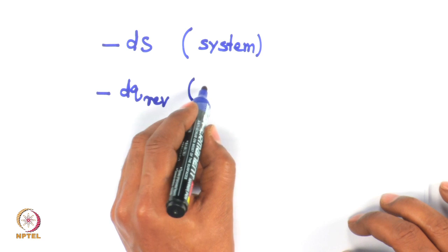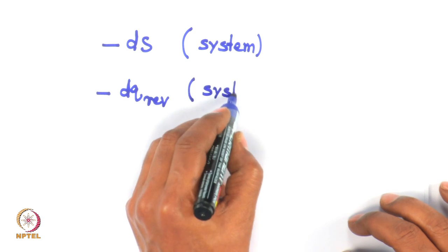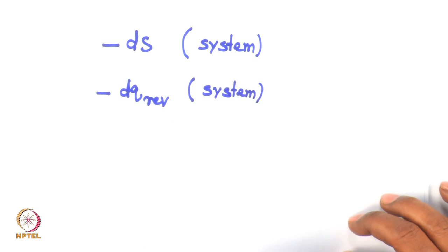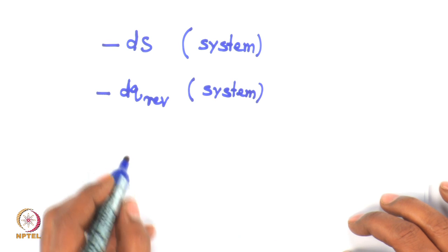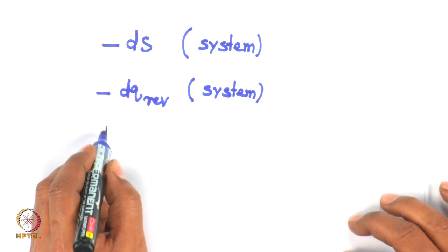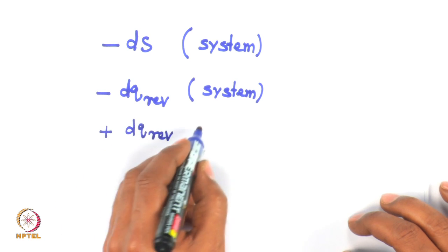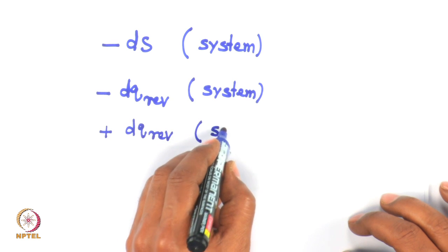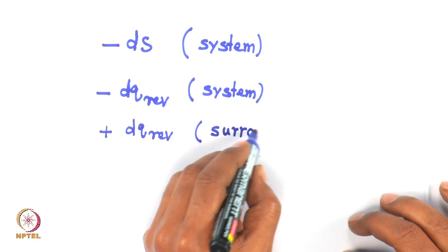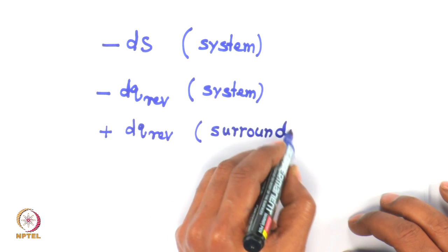This is again heat change for the system. And if there is a thermal equilibrium between system and surrounding, then plus dq reversible will be the heat change for the surroundings.